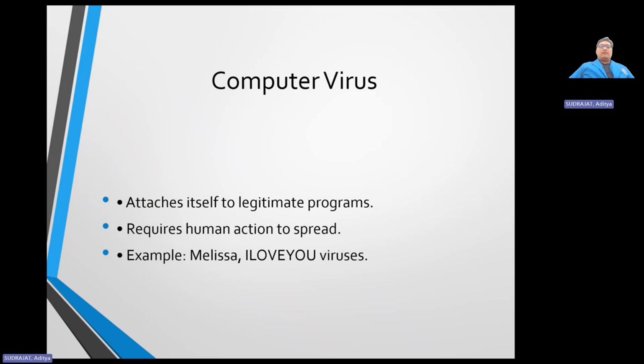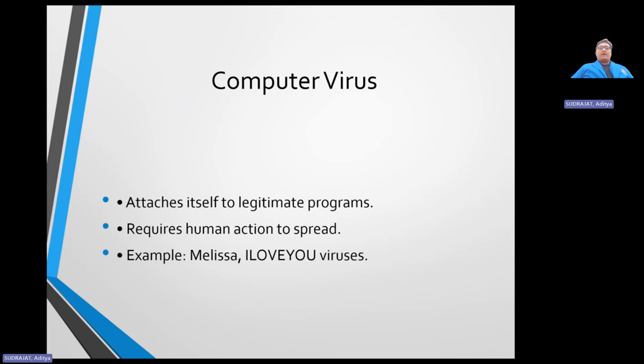So the next one is computer virus. This is the more elaborate explanation for virus. The first one is it attaches itself to legitimate programs. Like I said before, if we execute a program that contains a virus, the virus will spread on our computer.